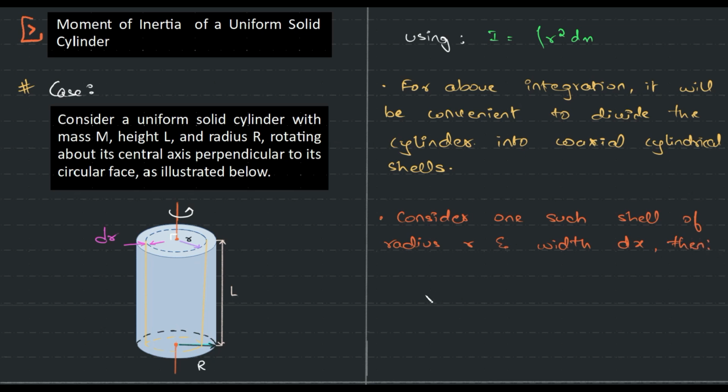Here the distance is fixed, that's r, while my dm is given by density times volume. Okay, so we are making use of this.